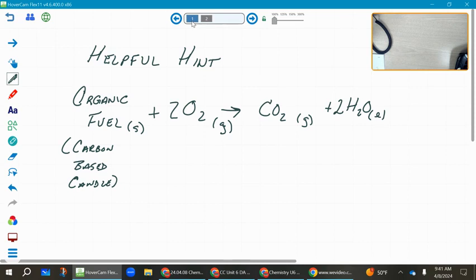We use up 2 moles of oxygen gas to create how many moles of carbon dioxide? 1. So we're using up 2 of these to create 1 of these. All gases, I don't care what kind of gas they are, when they are at the same temperature and the same pressure, occupy the same amount of space, assuming there is the same amount of gas.